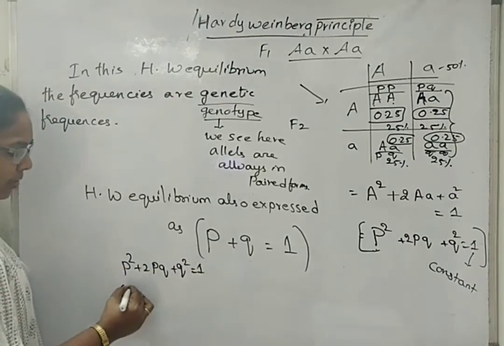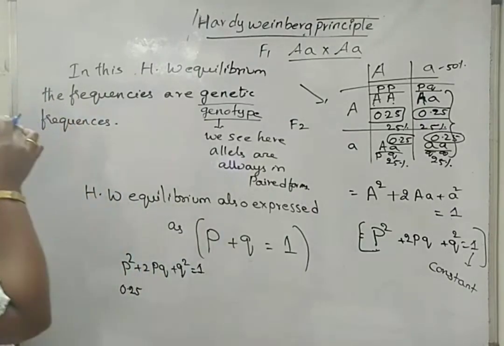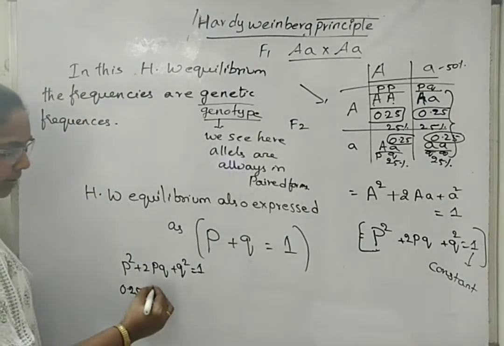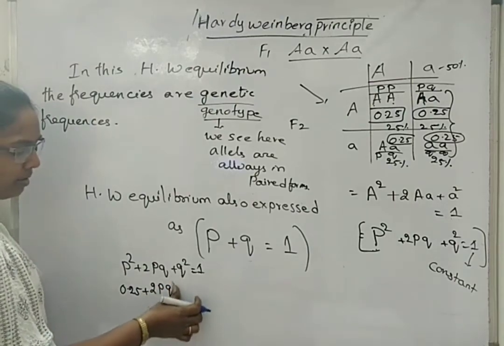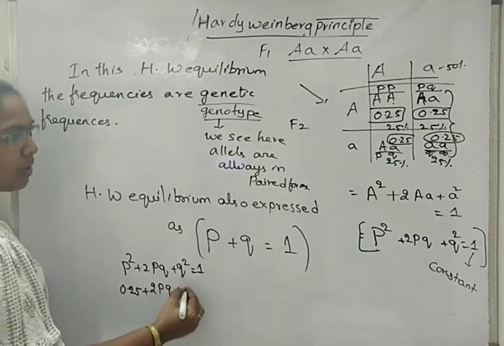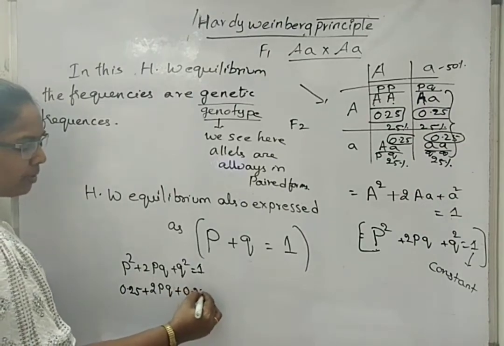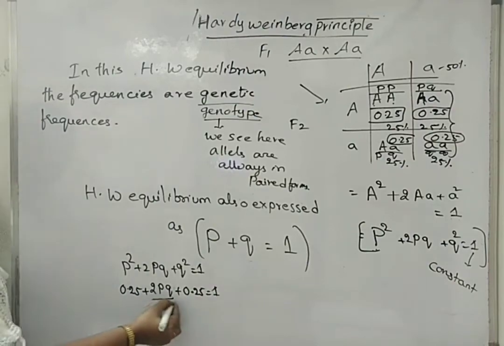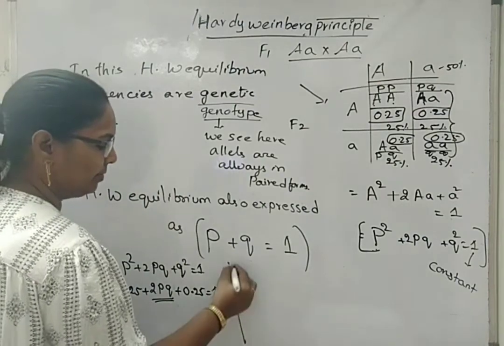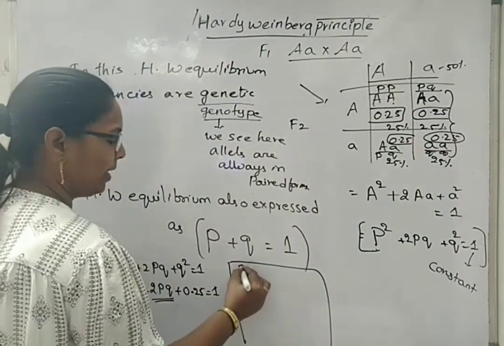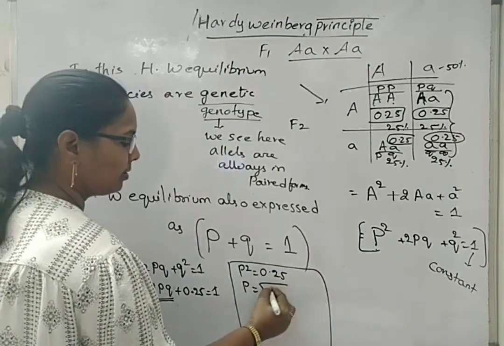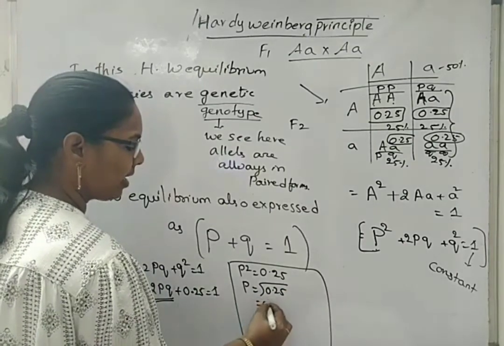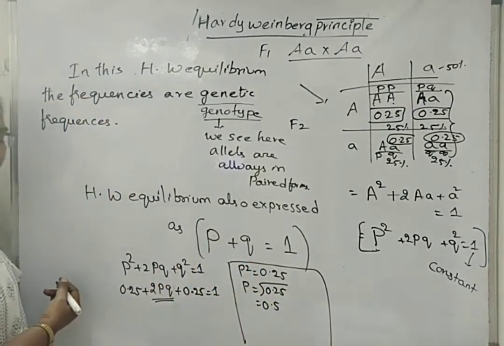I am writing the value 0.25 for P square according to that Punnett square, plus the heterozygous term, which we don't know separately yet, plus Q square is again 0.25, that is equal to 1. Now we have to find the heterozygous term 2PQ. P square is equal to 0.25, so P is 0.5.